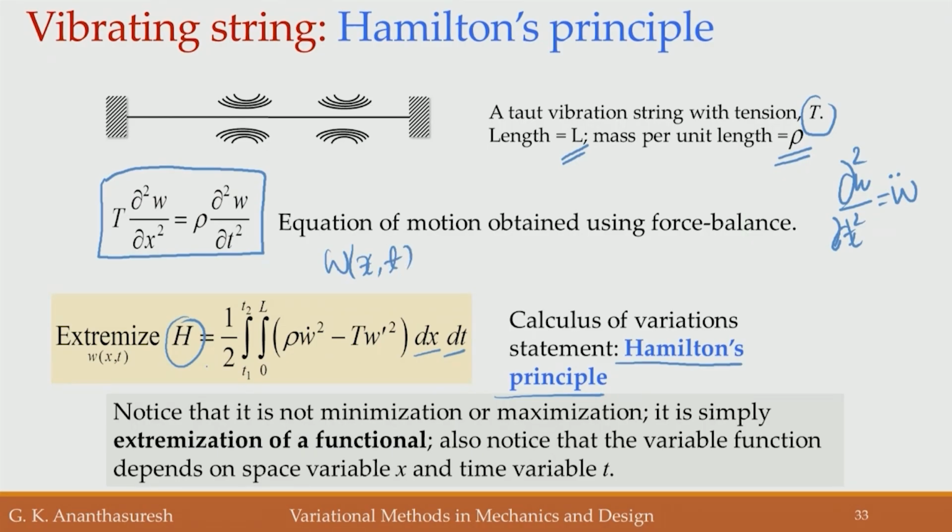So, we have an extremized functional in two variables x and t, which is given as rho W dot square minus T W prime square, integrated from 0 to L over the space and T1 to T2 over time. If you extremize it, again notice the word, we are not saying it is minimum or maximum, we are just saying we are extremizing, we are getting optimal, but we do not insist on that being a minimum or a maximum. Okay. When you extremize this functional, you get back the equation that you would get when you do force balance, inertia forces brought in here along with the stiffness forces and damping you may have, and that is called the Hamilton's principle.